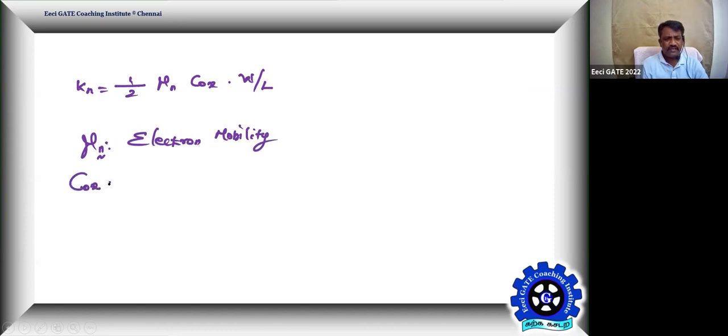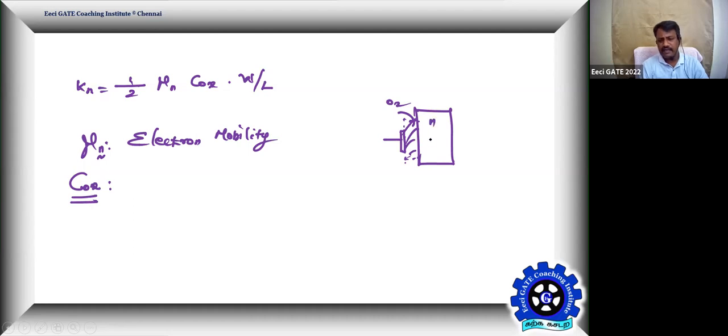Cox refers to the capacitance of your oxide, with which you isolate your channel from the gate metal. This is where you have your SiO2, that is your oxide layer, which is going to make your capacitance. So that is called the capacitance of the oxide insulating material.